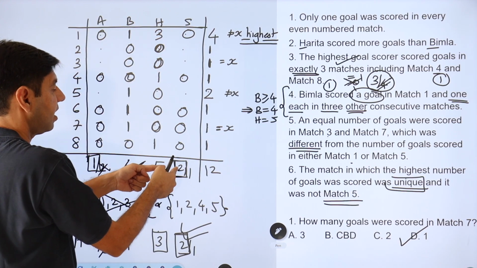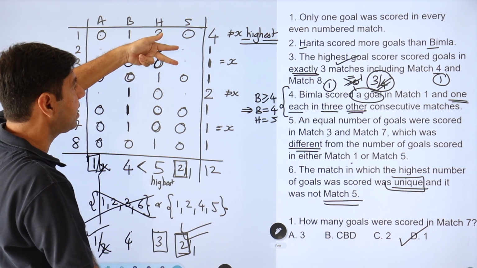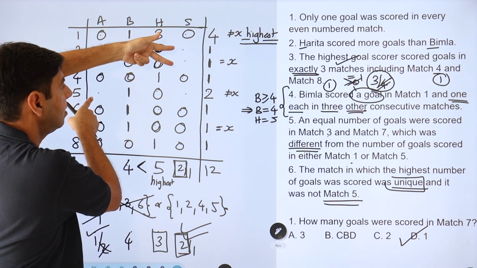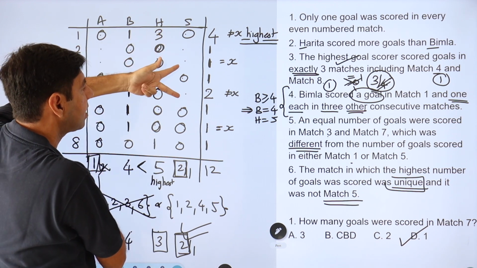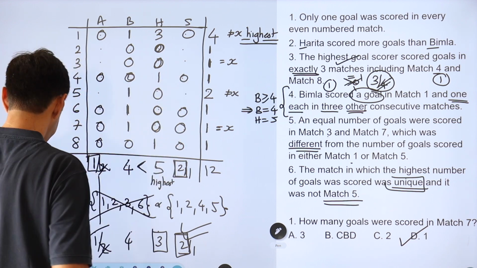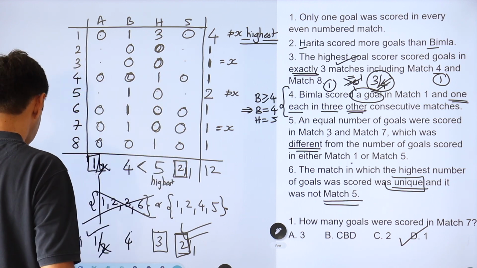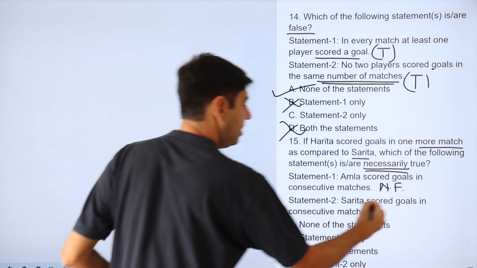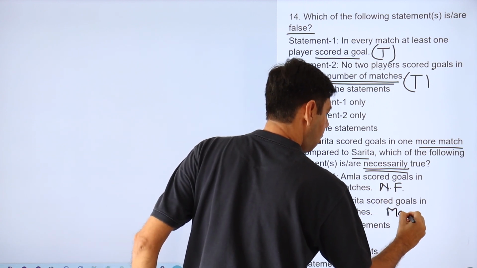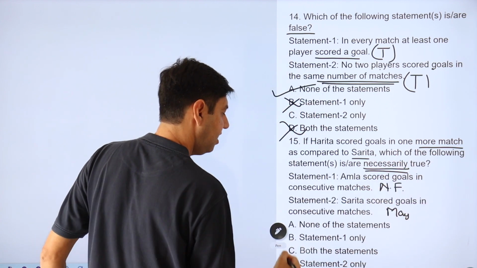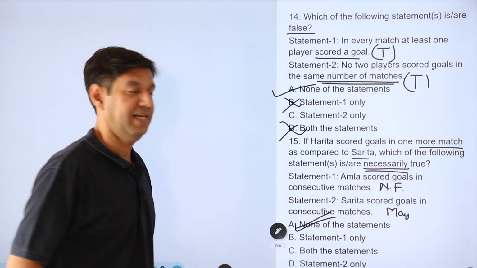Sarita has 2 goals. It could be consecutive, 1, 1, or it could be non-consecutive. So it is may. It's not necessary that it has to be consecutive, right? So this statement may be true or may be false. So which is necessarily true? None of the statements is necessarily true.